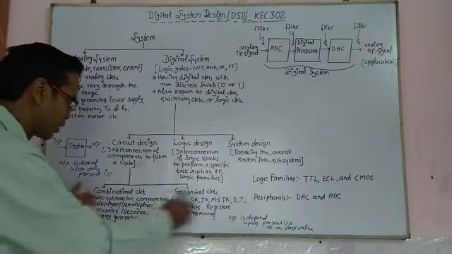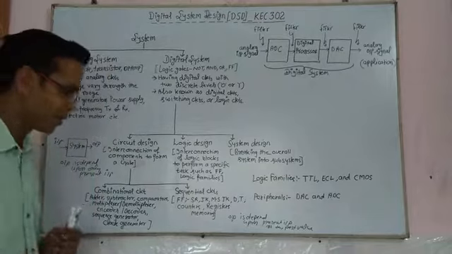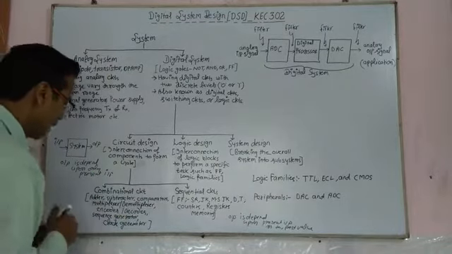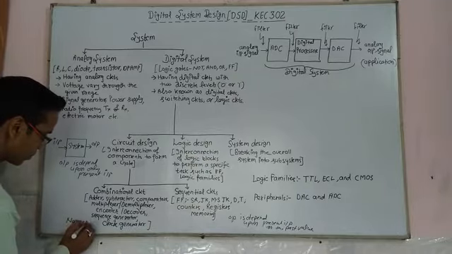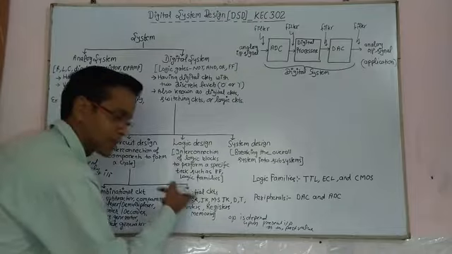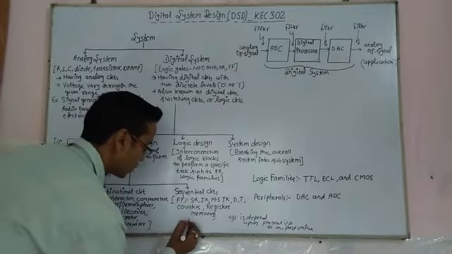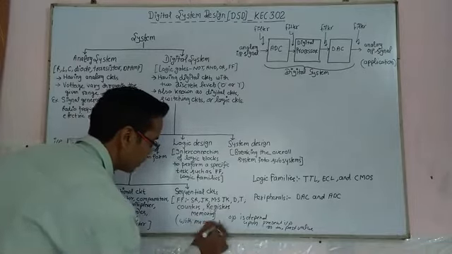The difference between combinational and sequential circuits is that combinational circuits have no memory, and sequential circuits have memory.